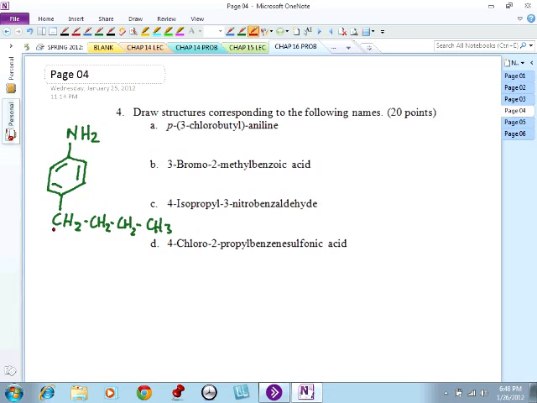Okay, let me number that. This is carbon number 1 for the substituent, carbon number 2, carbon number 3, carbon number 4. So what that is telling us, the chlorine is attached to carbon number 3 of the substituent. Okay, so what we need to do is remove a hydrogen here, at 3, and then place a chlorine atom there. Is that right?